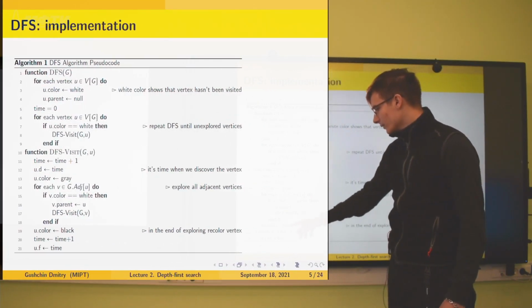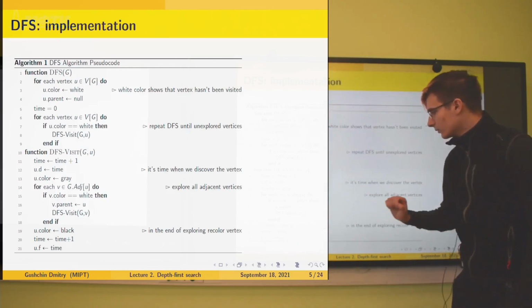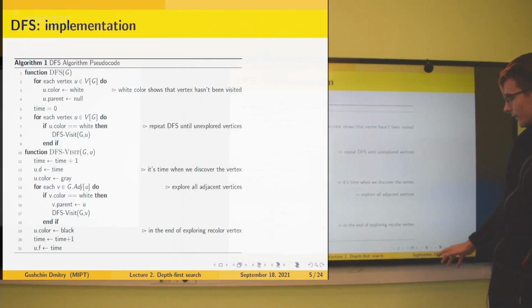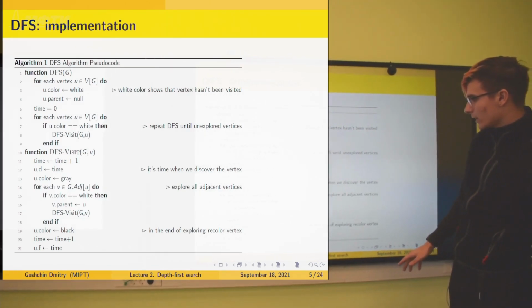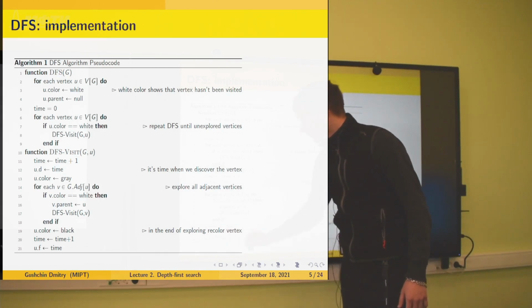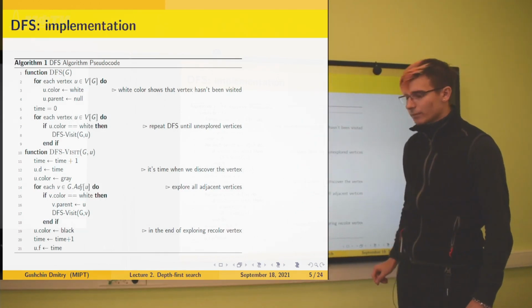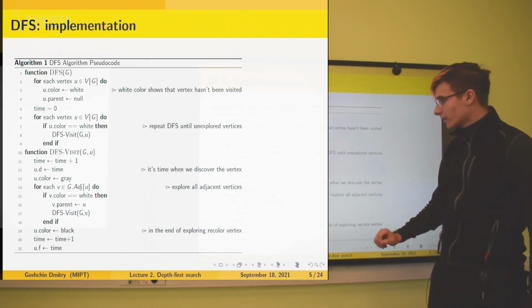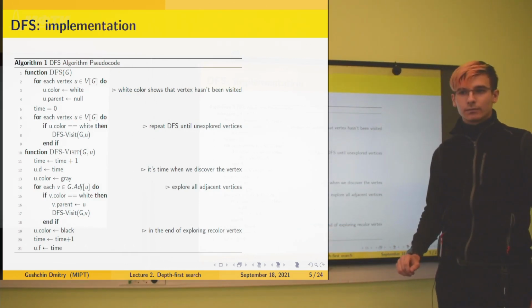And if we have explored all adjacent vertices, we say, okay, we finish this vertex, and we record the time when we finish exploring this vertex. Okay.